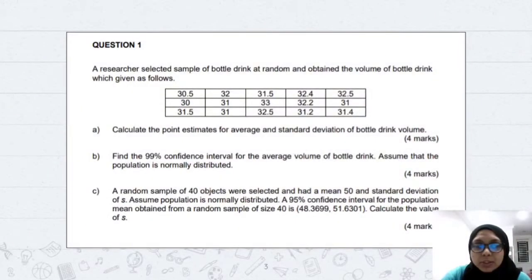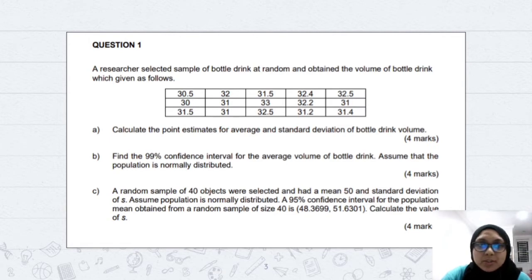So I will read to you the question. A researcher selected a sample from bottled drink at random and obtained the volume of bottled drink, which is given as follows. A. Calculate the point estimate for the average and standard deviation of bottled drink volume.